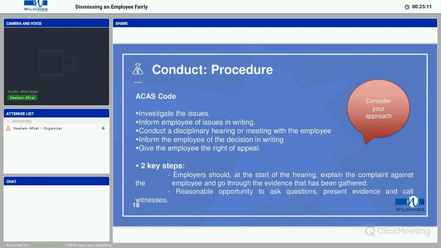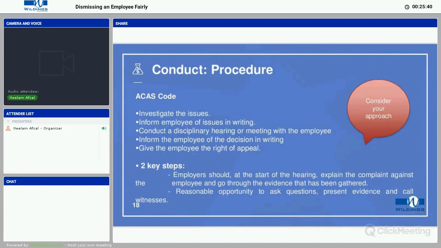Ensure that your documentation is also in order, that you've got minutes of meetings and all your correspondence, and that you've notified the employee of all the various meetings at the right stages. Now, if you fail to follow the ACAS guideline, whether that's the employer or the employee, so the employee may not appeal, or you may not send a disciplinary letter out, how this affects the end result is that it affects the compensation.